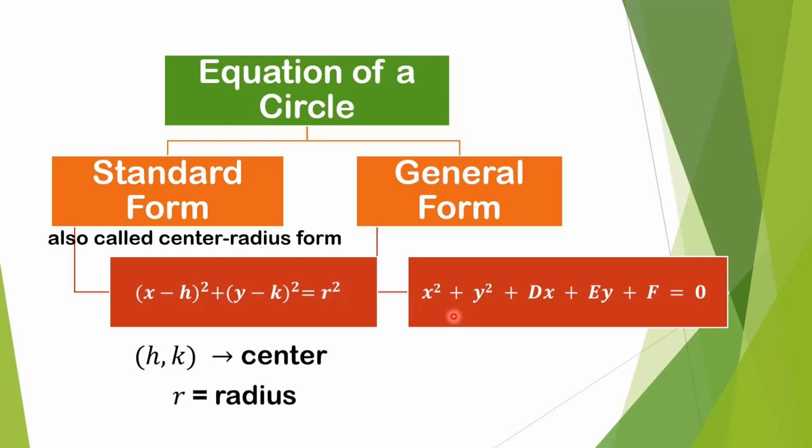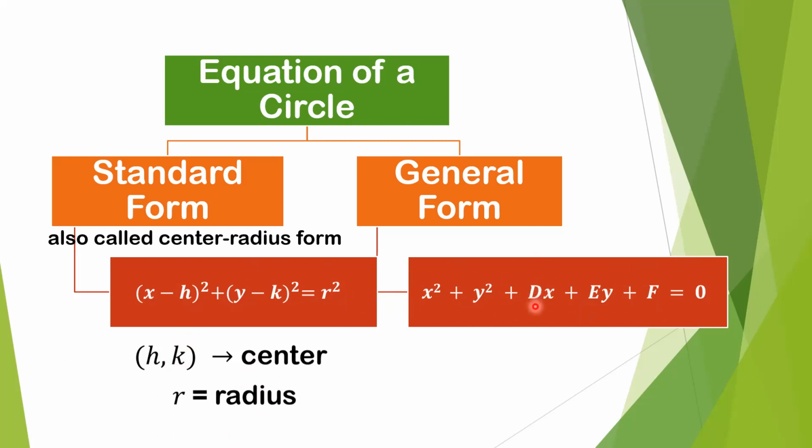Okay. And then for this general form, take note that the center is not that obvious. That's why most students will strategize by transforming this to the standard form to be able to get the center and the radius. But if we want to apply a shortcut, you just have to change the sign of this coefficient of x.